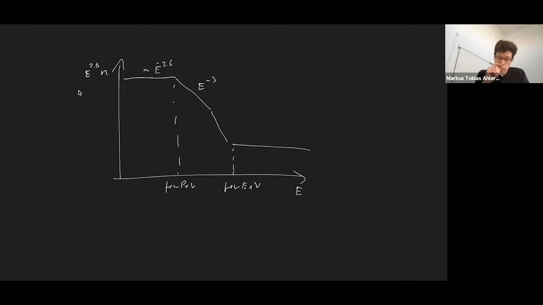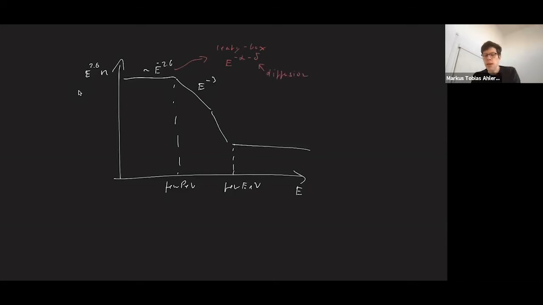So when we talked about the leaky box model, I thank you for this question, because it relates back to what we talked about earlier. So in the Leaky Box Model, we derived that the spectral index should go like E to the power minus alpha. So this would be the spectral index from the source. And then you have here minus delta, which is coming from diffusion.